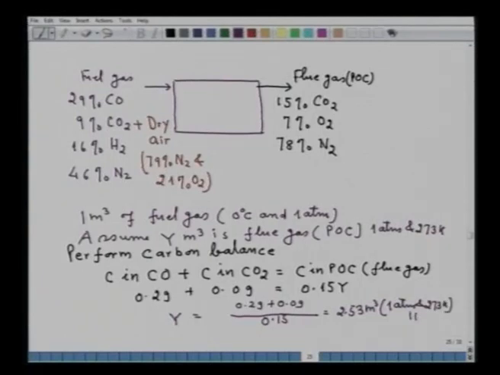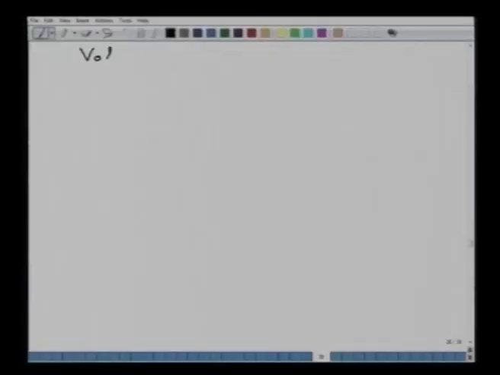Mind you, our basis was that this value is at 1 atmospheric pressure and 273 Kelvin. This is also called, in standard physics books, NTP, normal temperature and pressure. Now, it is also being asked to calculate the volume of POC, or the flue gas, at STP. STP represents 1 atmospheric pressure and 25 degrees Celsius, or 298 Kelvin.